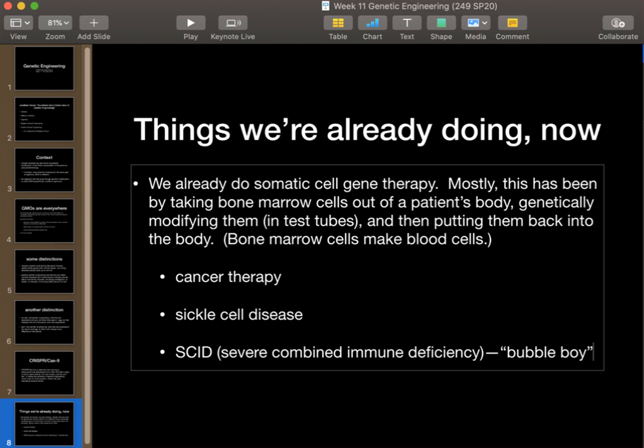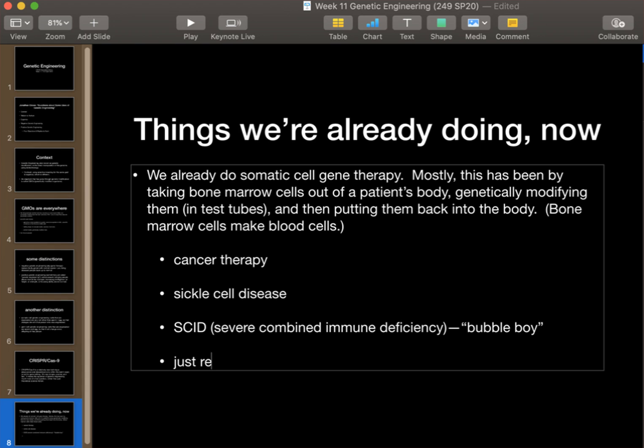And just recently, I think I saw a report from March 4 of this year. Okay, they've been experimenting in vivo. In vivo means in the body. Instead of taking cells out of the body, manipulating them and then putting them back in the body, they would directly manipulate cells in the body, hoping to change what happens.